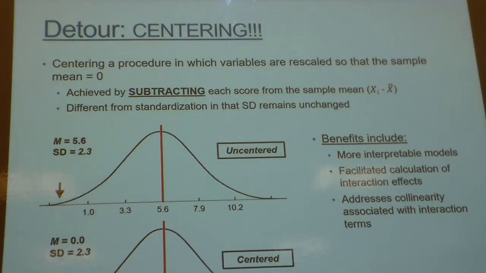Now, from an interpretive standpoint, what's the problem with holding all other variables equal to 0? Mathematically, it's fine, and that's what's going on. From an interpretive standpoint, what could be problematic with all other variables set equal to 0?